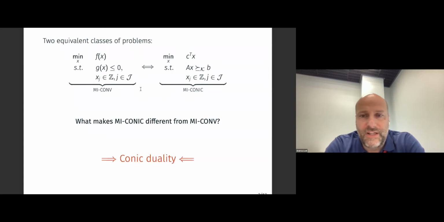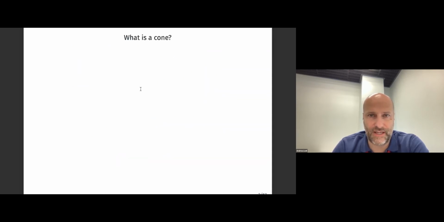The reason we are specifically interested in mixed-integer conic is that conic duality gives us stronger tools to generate cutting planes. This has been observed before, it's not completely new, but we are going to try to explain why this is actually the case.